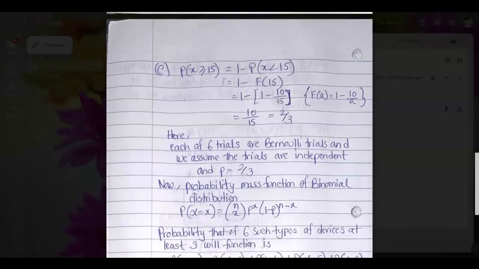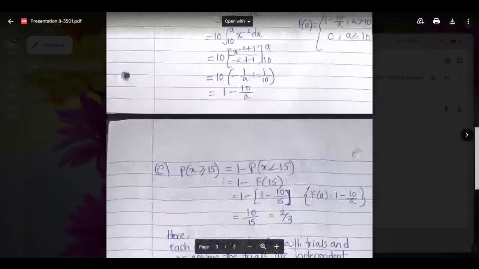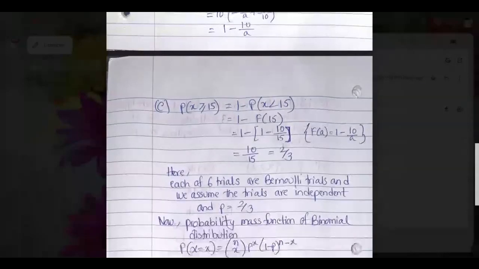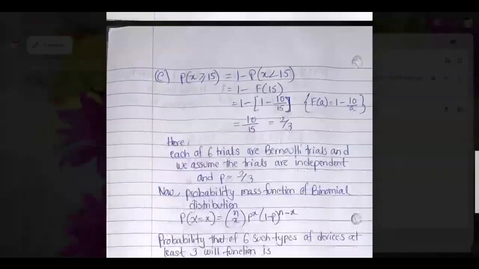The probability that x is greater than or equal to 15, for at least 15 hours, is 1 minus the probability that x is smaller than 15, which is 1 minus F(15). We know F(a) is 1 minus 10 over a, so we put 1 minus 10 over 15, and the answer is 2 over 3.